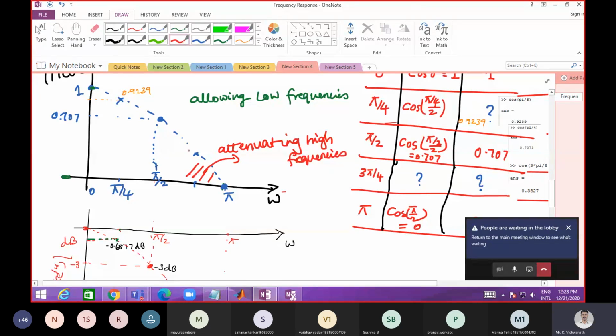That is the observation. This is very easy to observe from this graph.